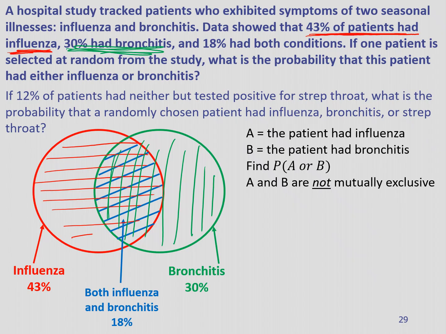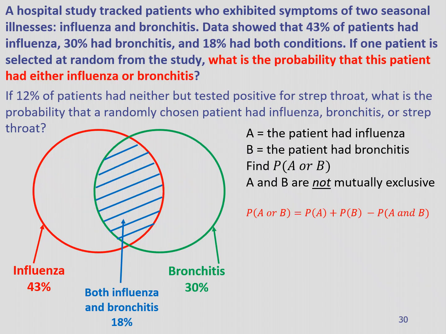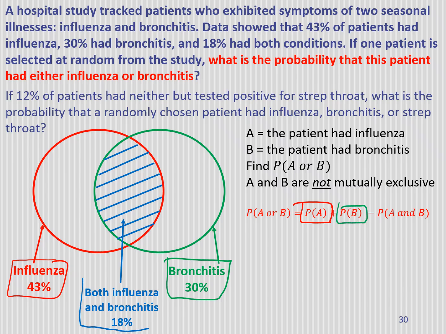That just means we have to subtract. In the addition rule, we have to subtract. So this is the color coding, based on the diagram on the left. Those 43% of people are right here, P of A. Those 30% of patients is right here, that's P of B. And these 18% that had both, that's the part we're subtracting off.